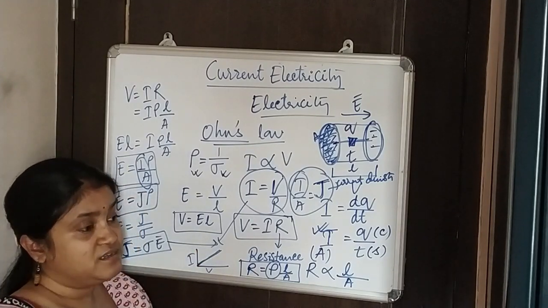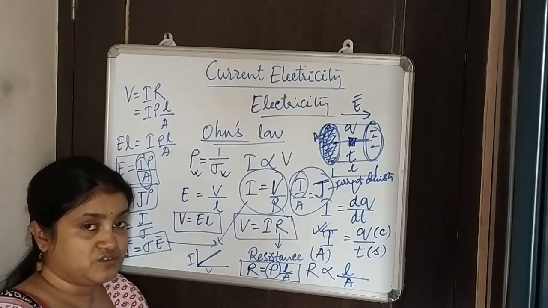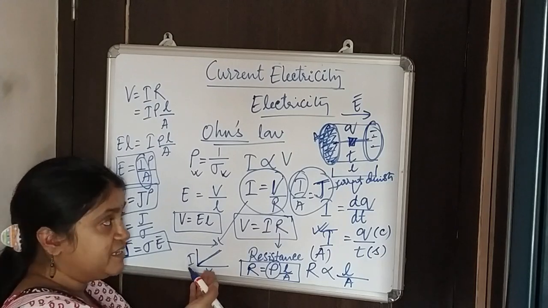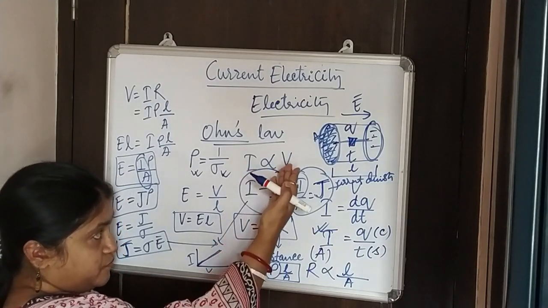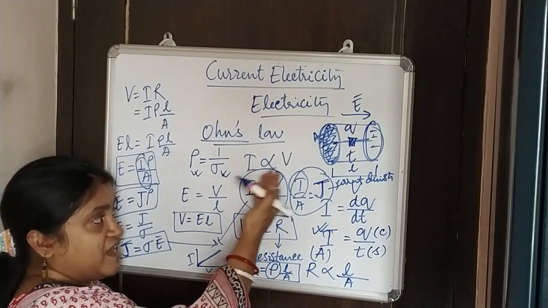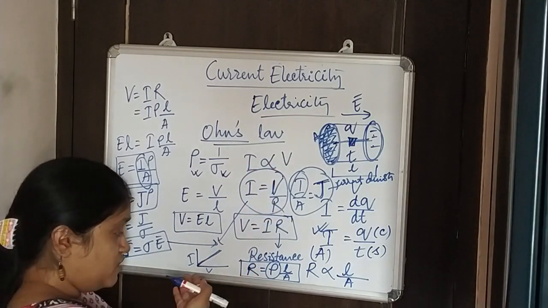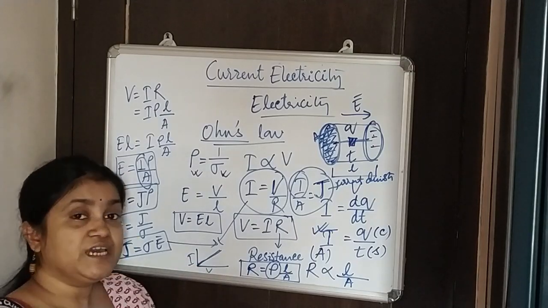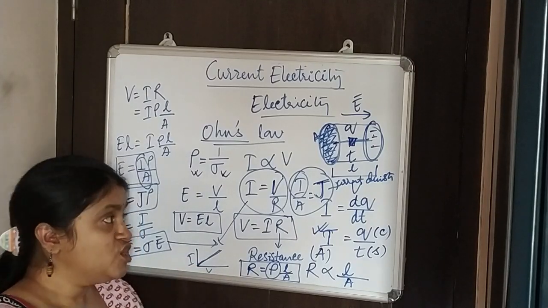You take any semiconductor device like diode, triode, they don't have IV curves like that. They don't follow the potential and current relation as a simple straight line, or a very simple ohmic relation. So they are called non-ohmic devices.